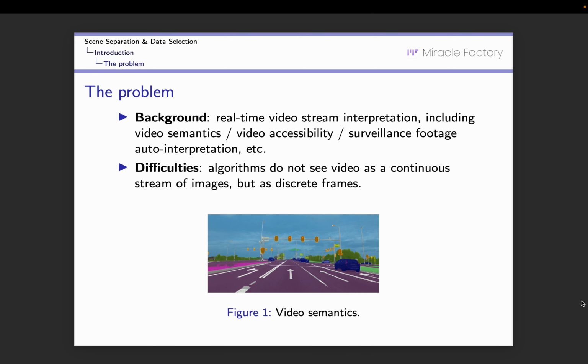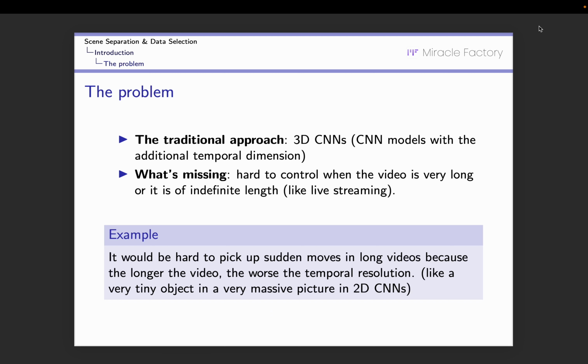So, moving on to the traditional approach, which is using a 3D CNN for video stream interpretation. 3D CNNs are essentially CNN models with an additional temporal dimension.